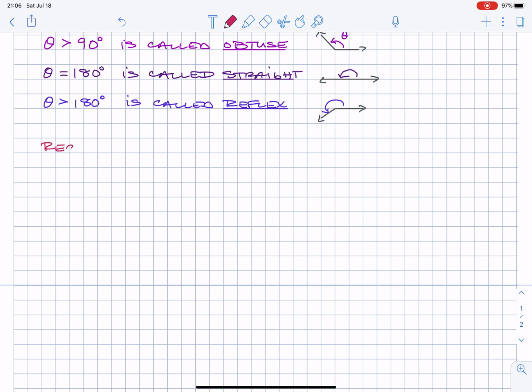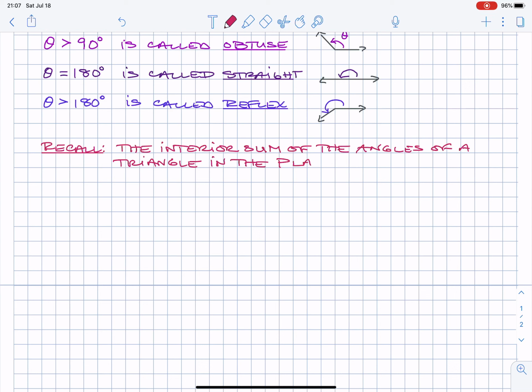So recall: the interior sum of the angles of a triangle in the plane is 180 degrees.